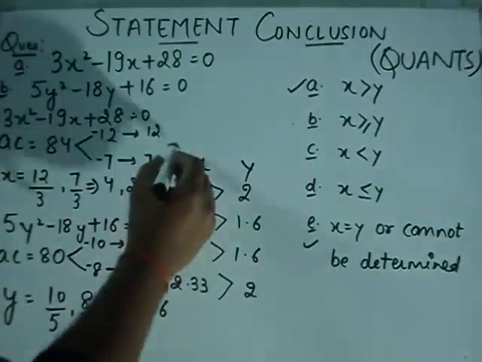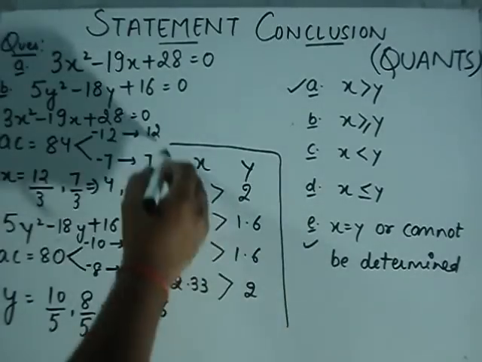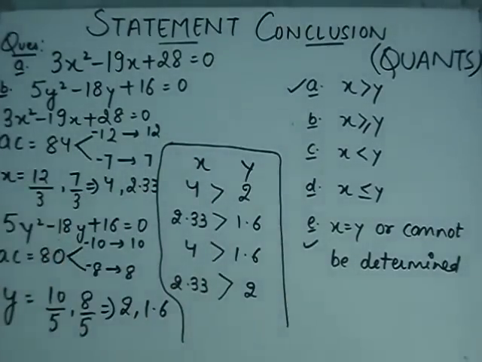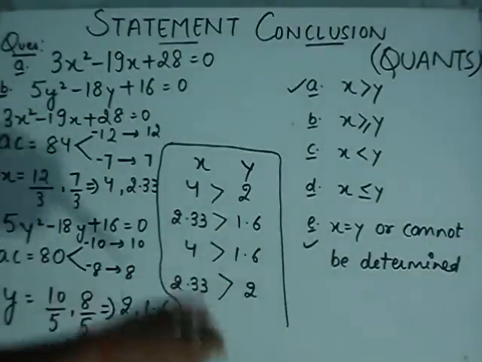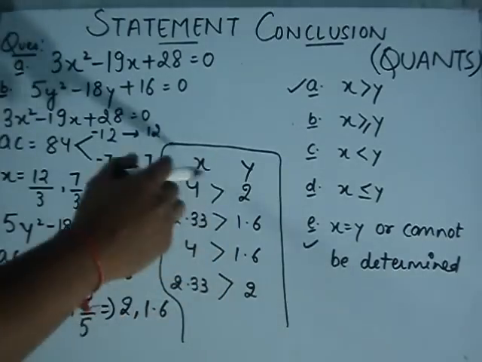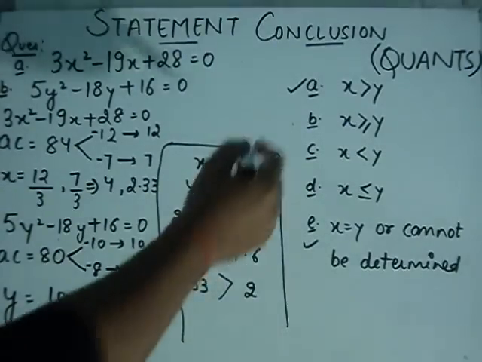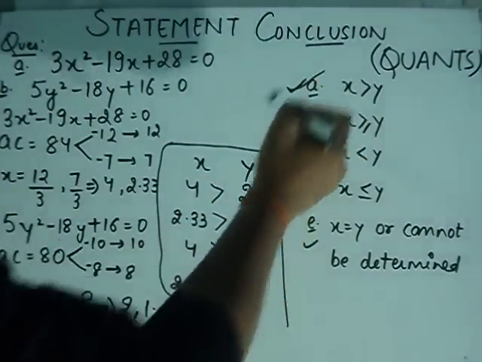In this case, we are getting a definite conclusion that x is always greater than y. There is no other symbol, equal symbol or lesser than symbol, but in this case, all the signs are greater. So it is clearly visible that x is greater than y.